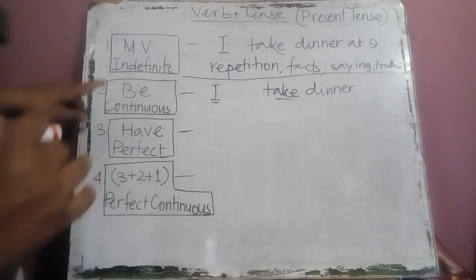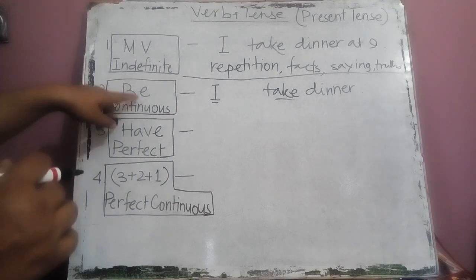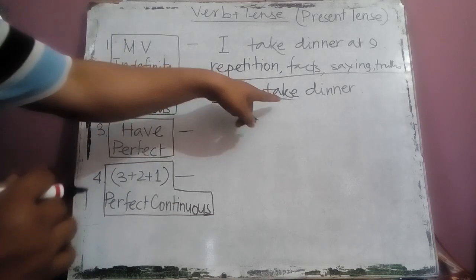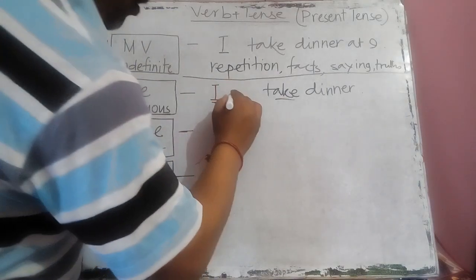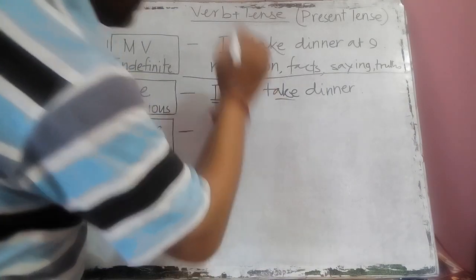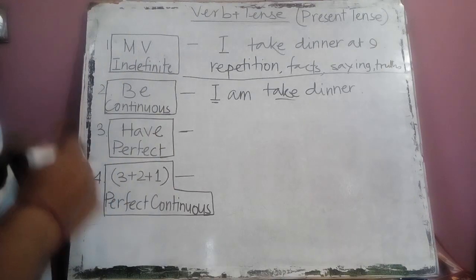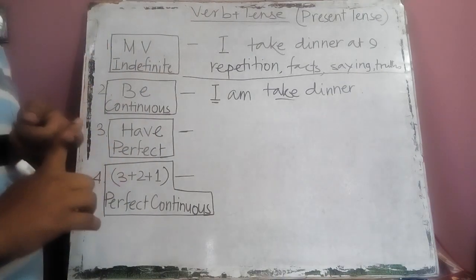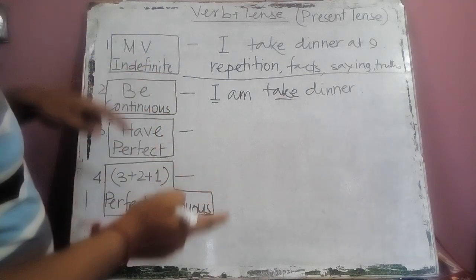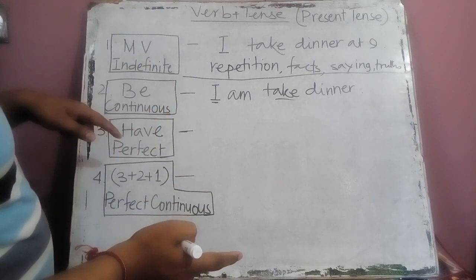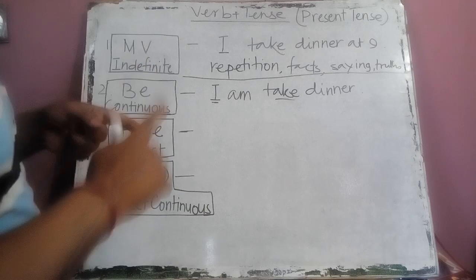Remember this. In the case of the be verb, we're going to use this auxiliary between worker and work. For I, we always use am. I am. As told in the previous video, in the case of be and have, there comes a change.